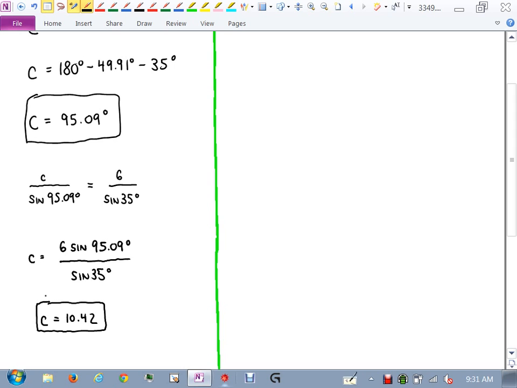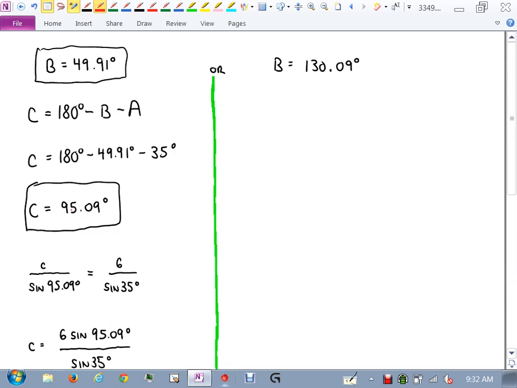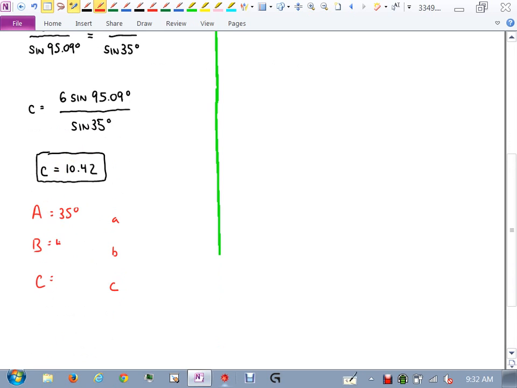So I have capital B, capital C, little c, right? Let me put all the information together because I want to check that it matches up as far as the biggest side, smallest side thing. Capital A, capital B, capital C, little a, little b, little c. Capital A was 35 degrees. Capital B I found was 49.91 degrees.